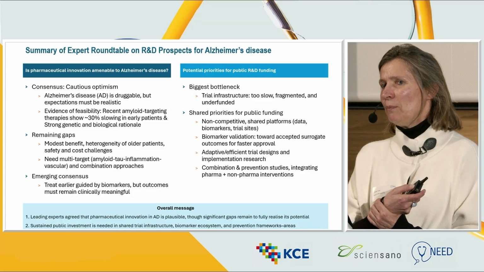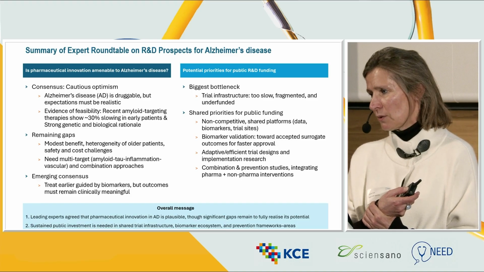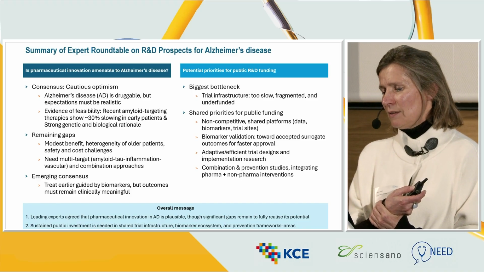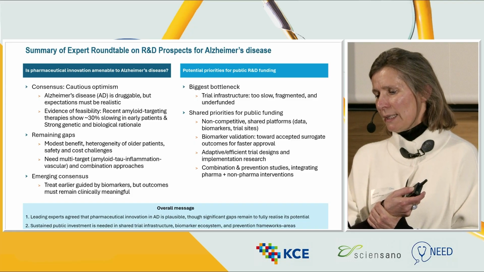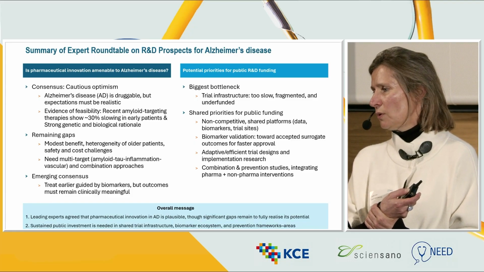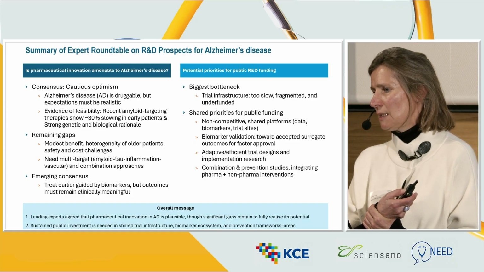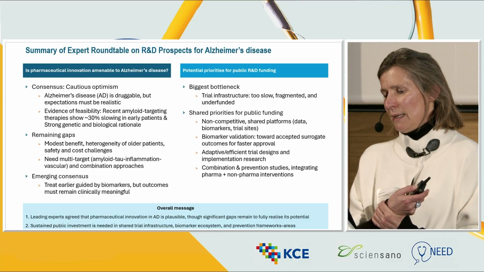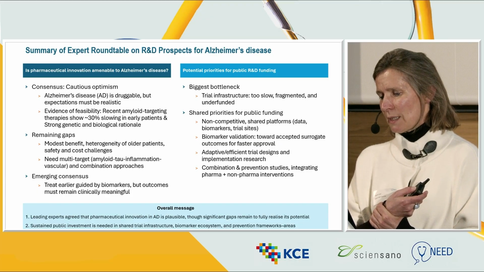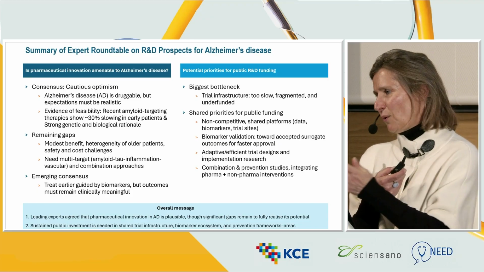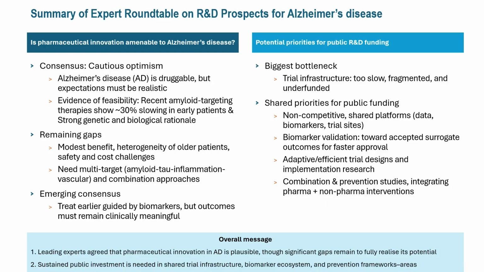And about the specifics of what should be the public contribution to this research, they think the big bottleneck is the trial infrastructure, which is too slow, fragmented, and not funded enough, and that the shared priorities for the public sector should be, as industry always says, and there are probably very good reasons why they always say that, that the public role should be on the non-competitive shared platform, biomarker validation, adaptive efficient trials.